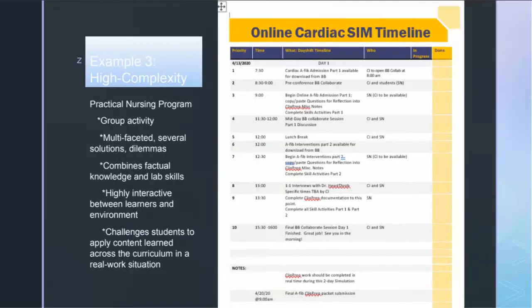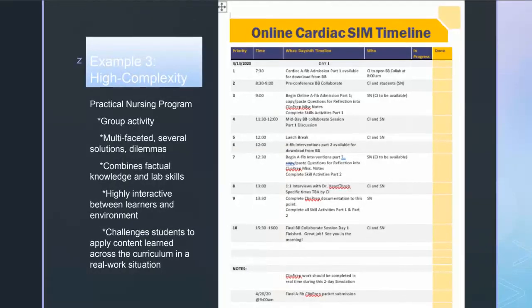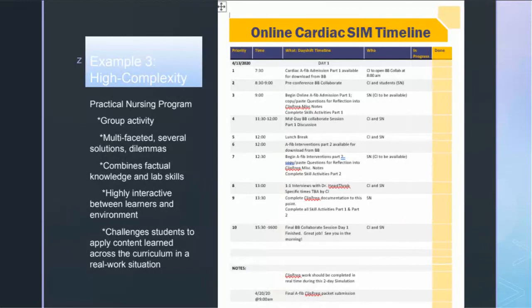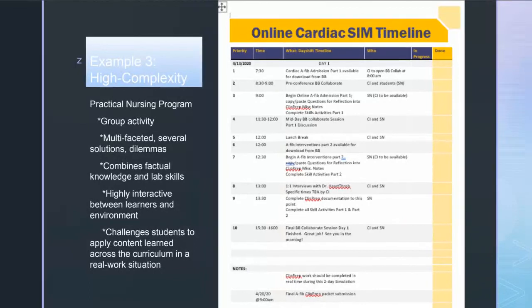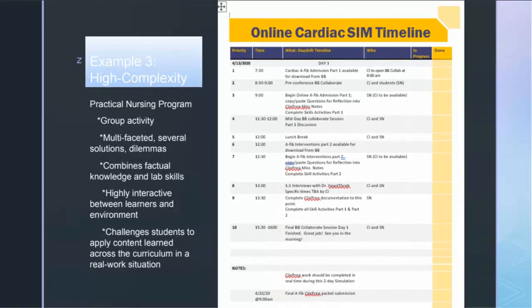Okay, I'll show another example. This one was actually written during the COVID 2020 shutdown. I don't know if any of you all remember those days. I try to forget. But in the nursing program here at ACTC, we were given 2 days right after spring break to go virtual.